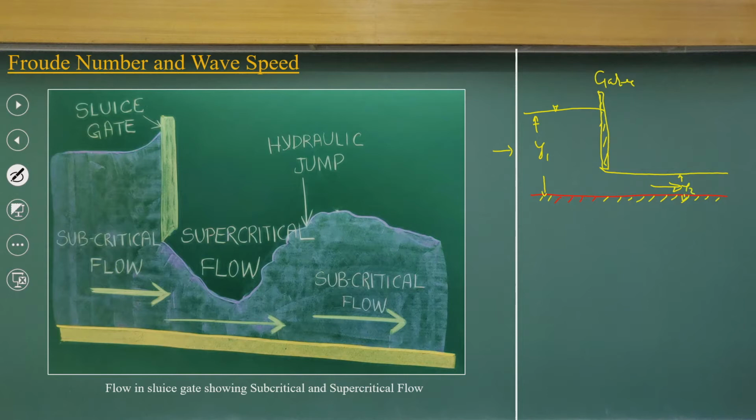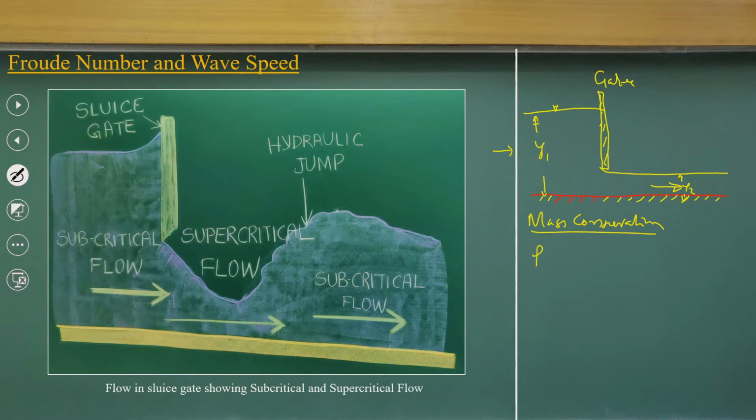If I follow a steady flow, the mass conservation equation gives me a very basic thing: rho multiplied by Q, that is, mass inflow is equal to mass outflow.